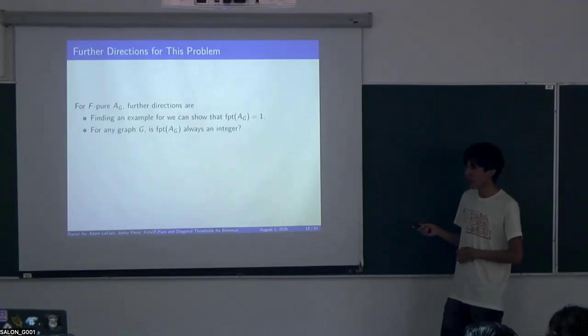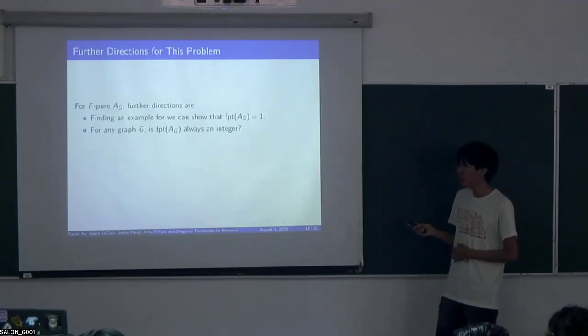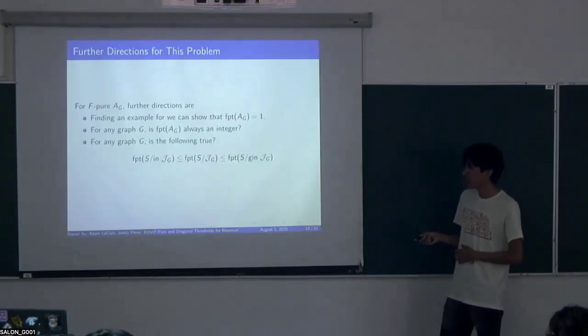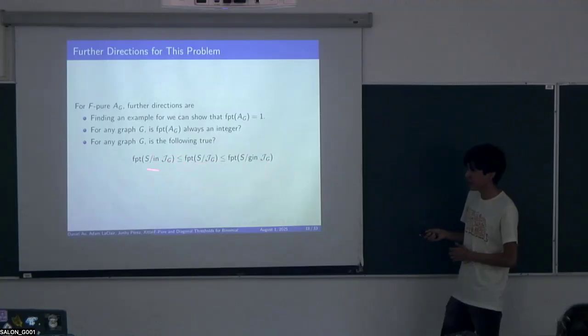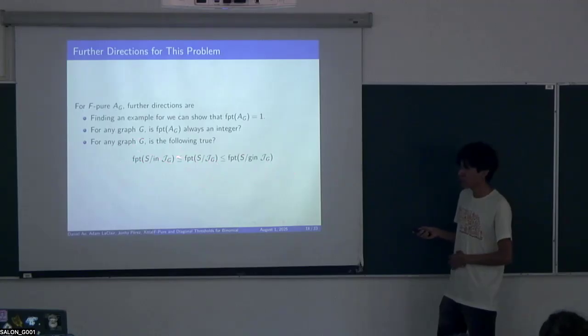We also have the question of whether the F-pure threshold is always an integer. And also we are interested in knowing whether this inequality is true. As I said, the inequality of gin over in is true for the monomial ideals, and for graphs for which we know how to compute the threshold of the binomial edge ideal, this is true. So we will also continue to think about this.